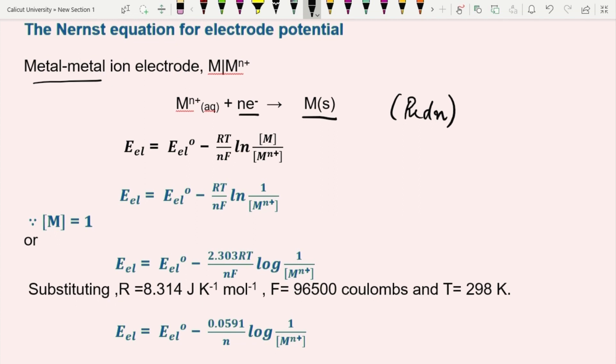For this electrode reaction, I can put the Nernst equation as E of electrode is equal to E naught of electrode, minus RT by nF ln of the concentration of M divided by the concentration of Mn+. Here E naught of electrode, as I have told earlier, is the standard electrode potential of that particular electrode, and remember this has been measured by connecting it with an SHE.